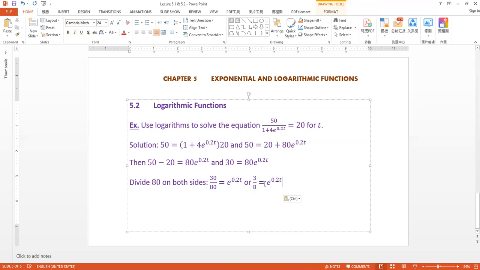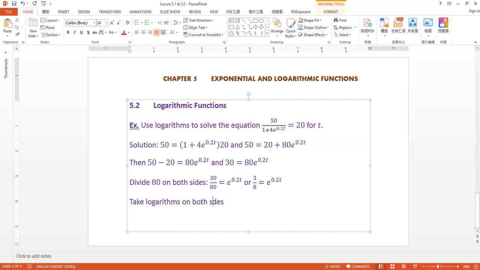Now, we cannot rewrite 3 over 8 as an exponential with base e. Okay, you cannot do that. So the way to solve it is to take logarithms on both sides.